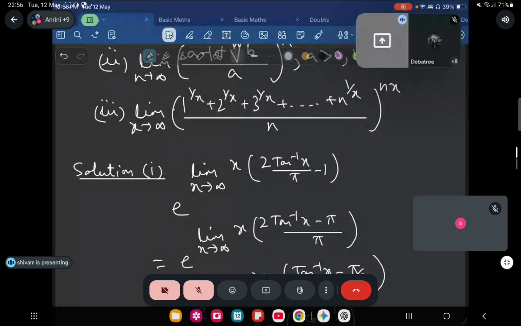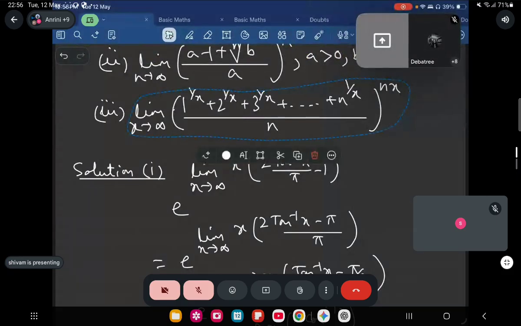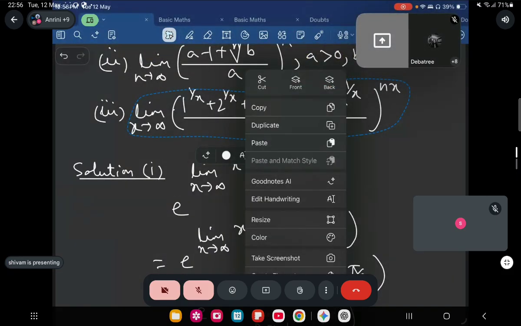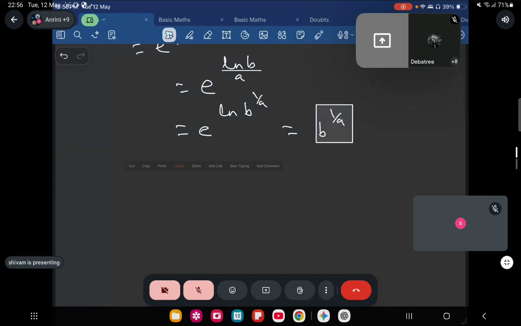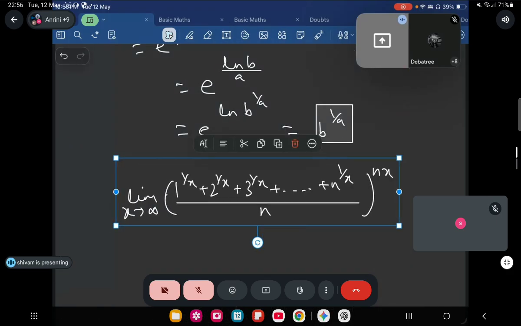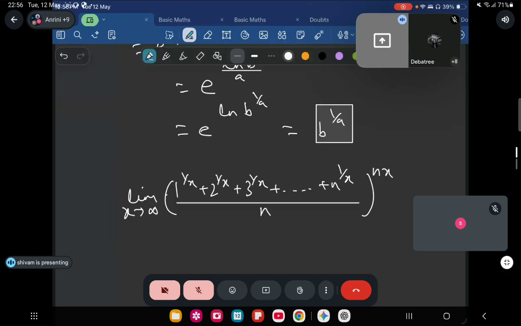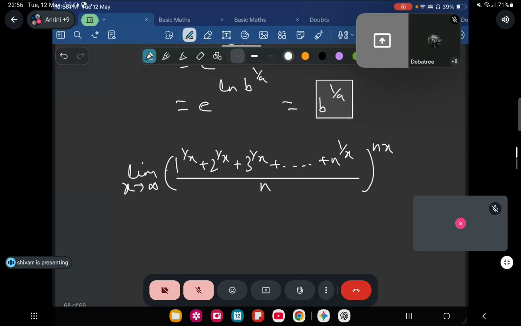Okay, so everyone pay attention. So you have to keep on converting them into standard forms. First of all, see, this is 1 to the power infinity form. Part 3.